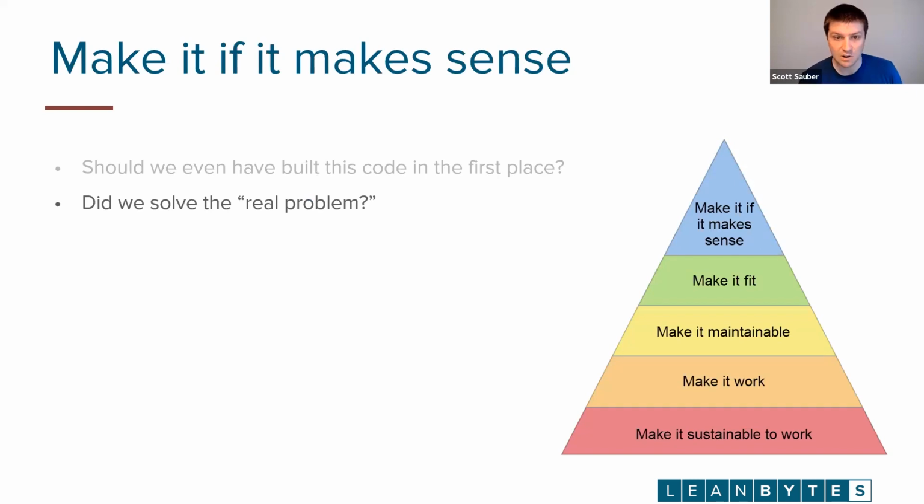For instance, let's say you're making an export to Excel feature. Ask the question, okay, why do you want the export to Excel feature? And then finding out, oh, well, I export to Excel because I want to reformat things and change column names and change the formatting, so then I can upload it to this other system.